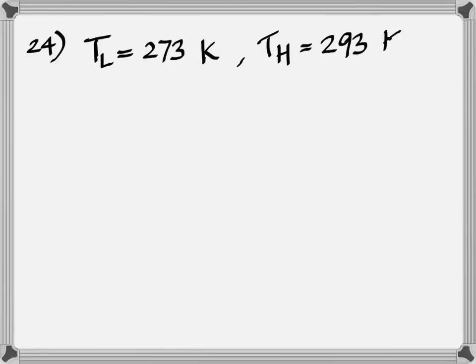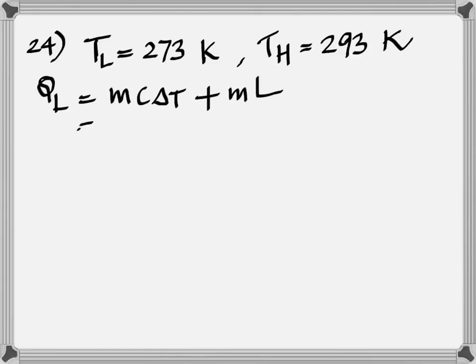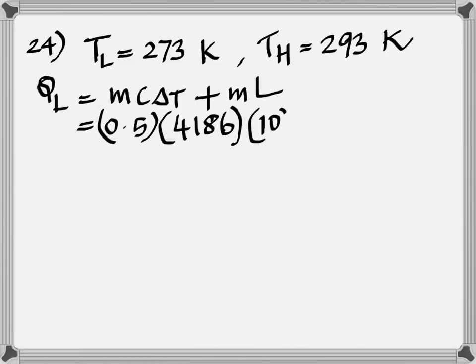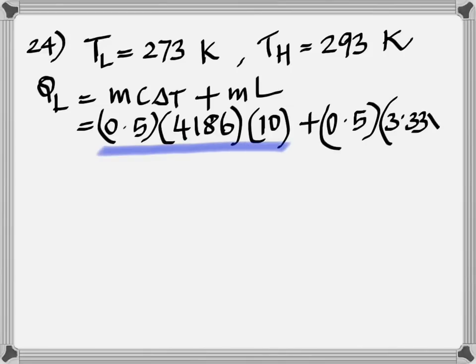And the last question, that's the temperature of the low sink or the cold one. The hot one is at 293 Kelvin. The heat required to change water into ice: first, water has to be cooled, so that's the heat required for cooling, and then the heat required for changing into ice.